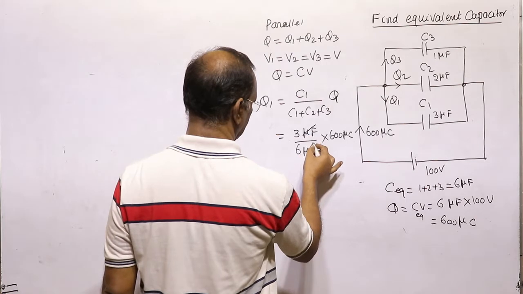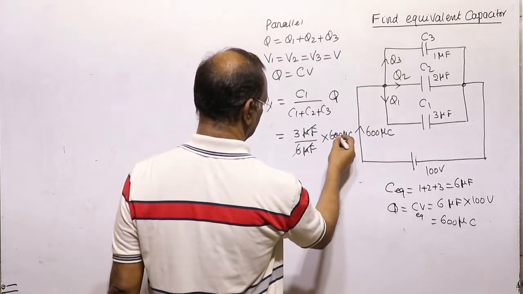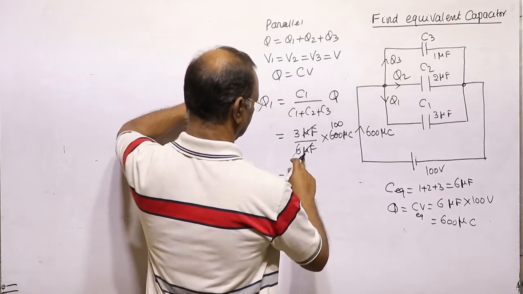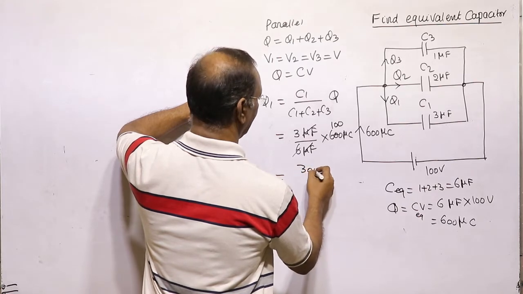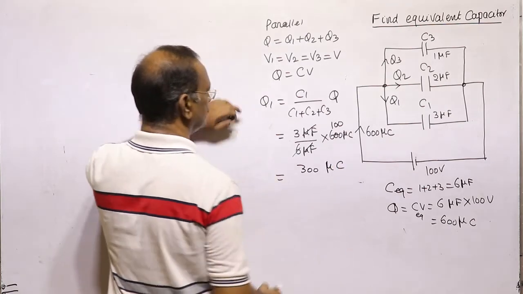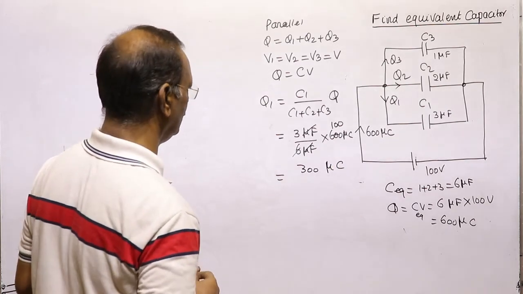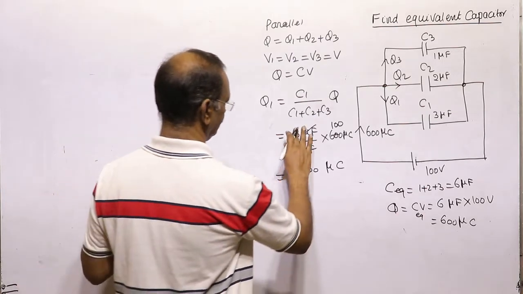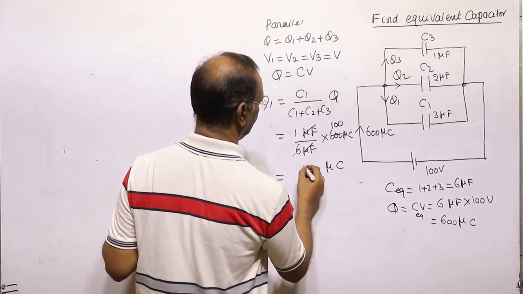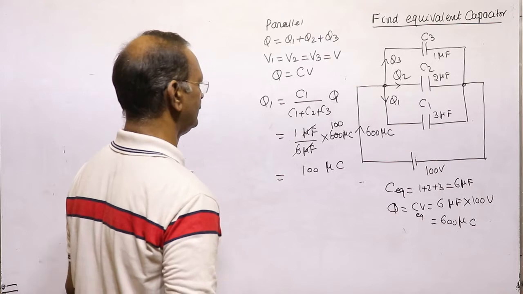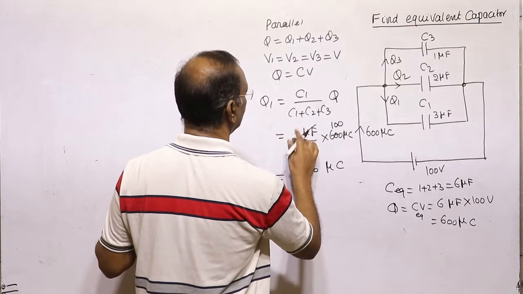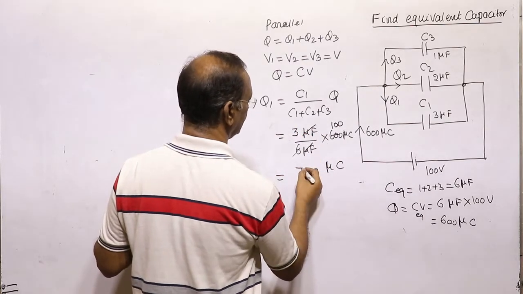So the micro cancels. 6 into 100 is 600, and 3 into 100 gives 300.